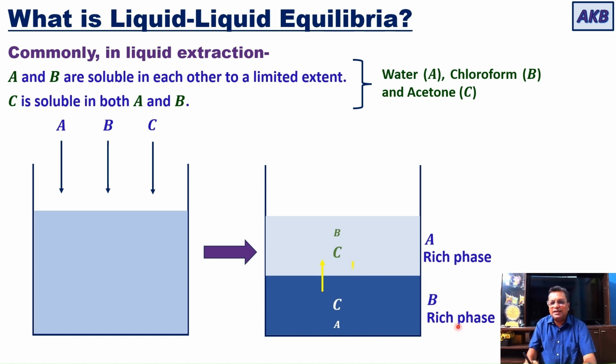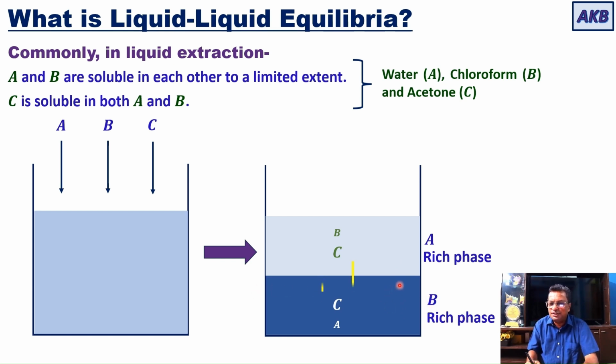So in the case of three liquids A, B and C, where A and B are soluble in each other to a limited extent, at equilibrium you have separation of an A-rich phase and a B-rich phase.